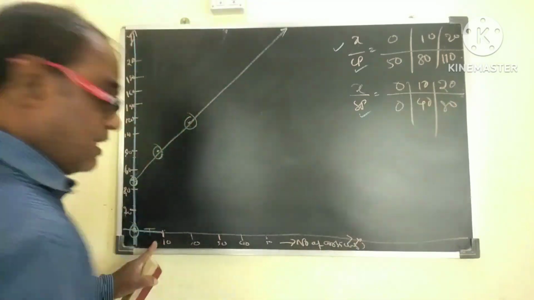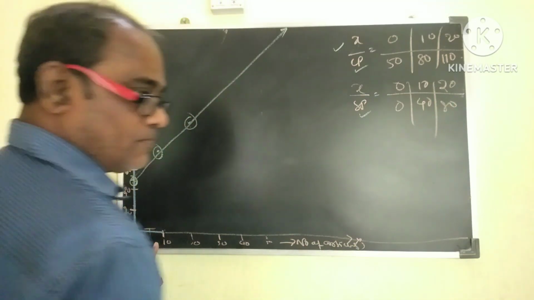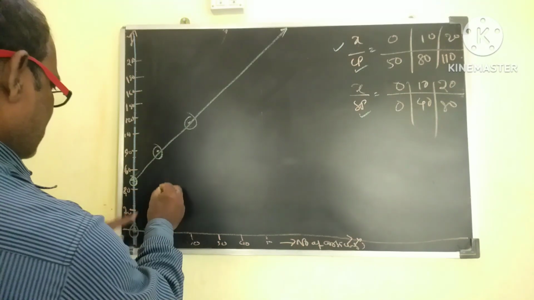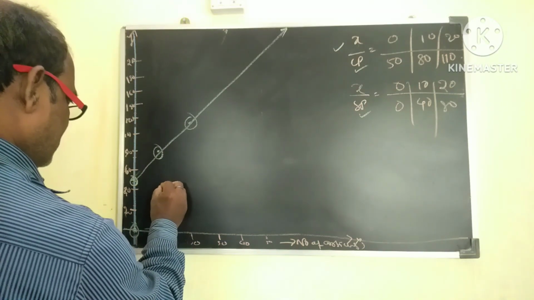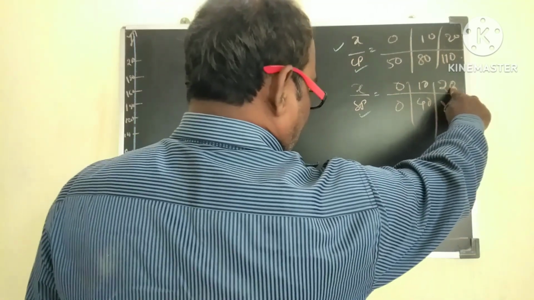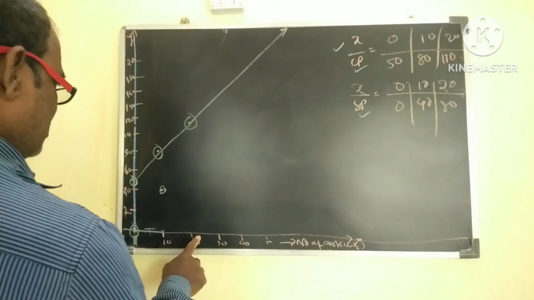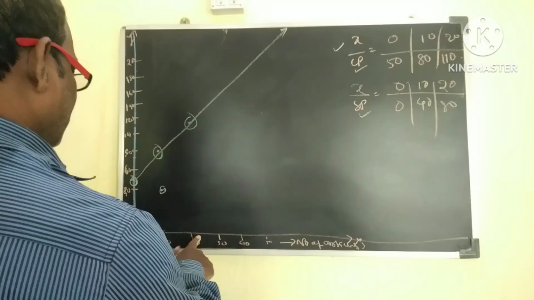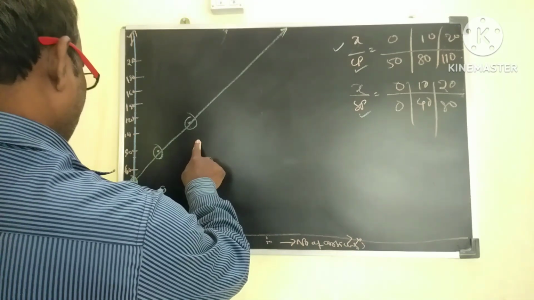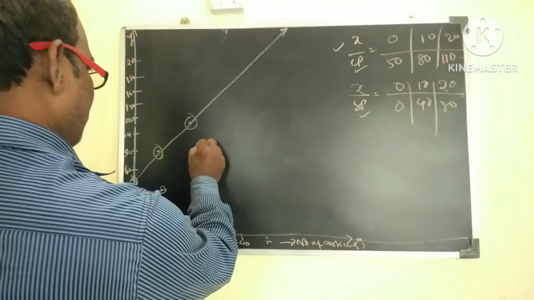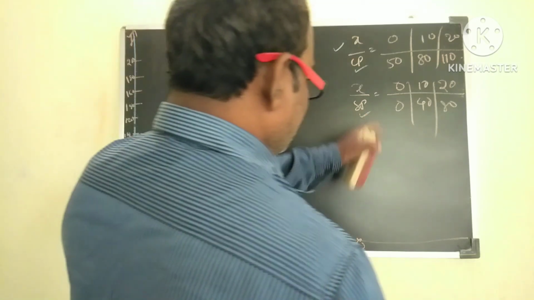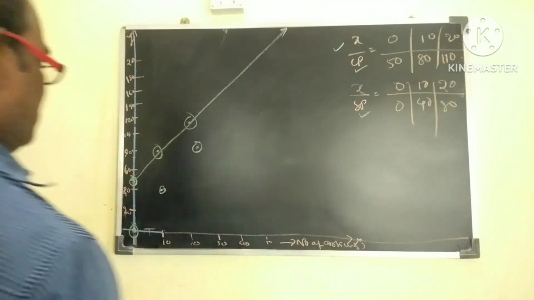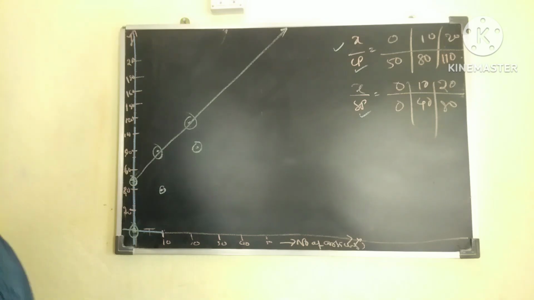When x is 10, the selling price is 40, so it will lie somewhere here. Then 20 and 80, so it lies somewhere here. Now if we join these two lines, let us see where they meet.